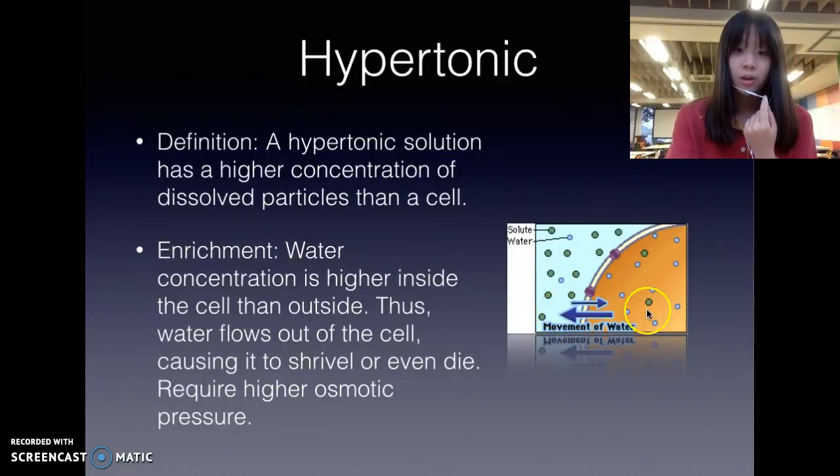So it will cause the cell to shrivel, and when it becomes so small it will die. And the hypertonic solution also requires higher osmotic pressure than the solution it compares.